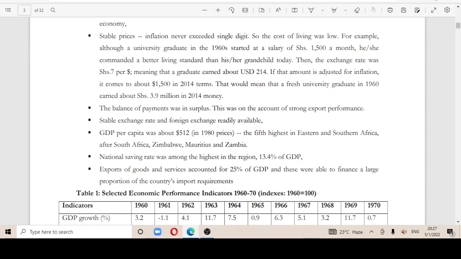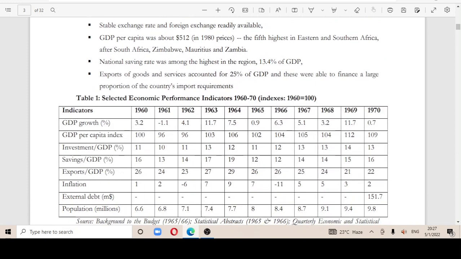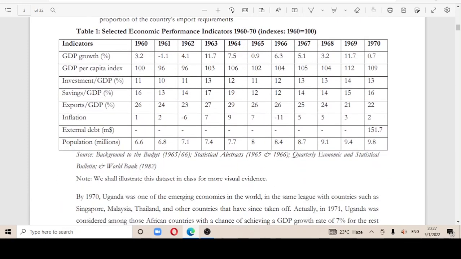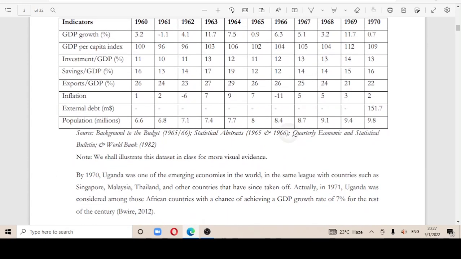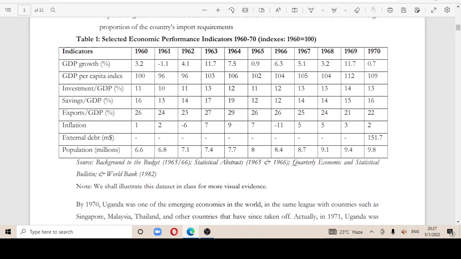So that is it with the post-independence decade, which was seen as an economic prosperity. This table was to be illustrated in class, just trying to indicate how the economy was experiencing its prosperity before things went astray.